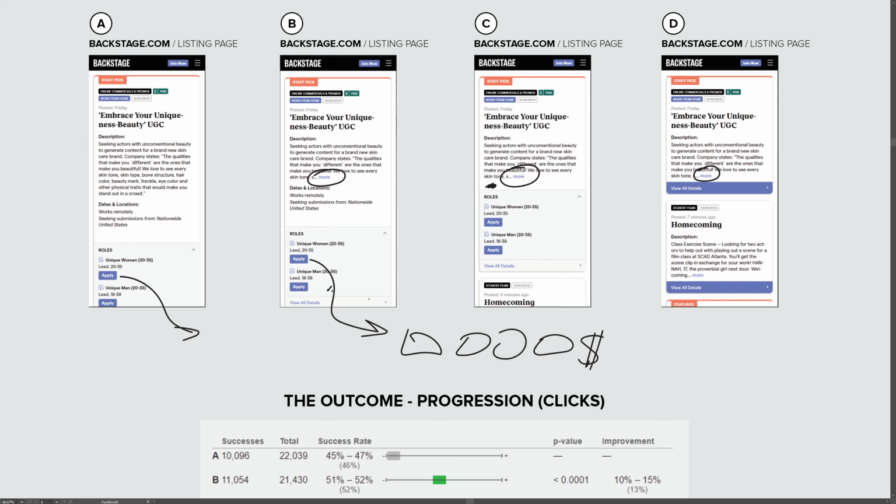And this call to action is visible here, but also on these role pages, right? So remember that these role pages also have these calls to action that eventually lead to becoming members.